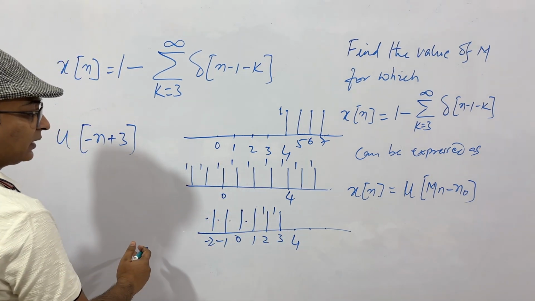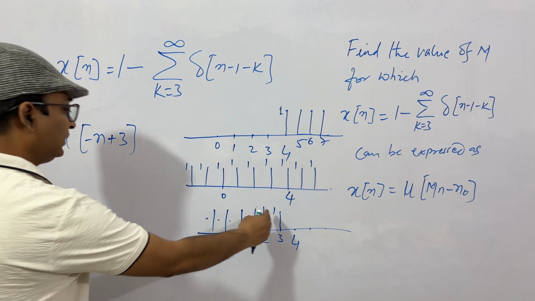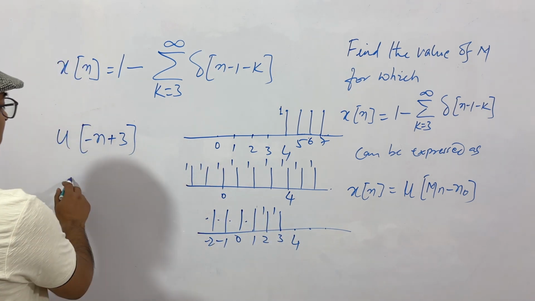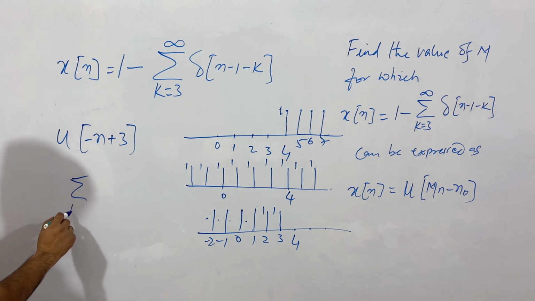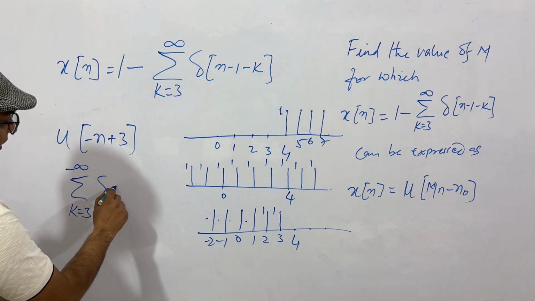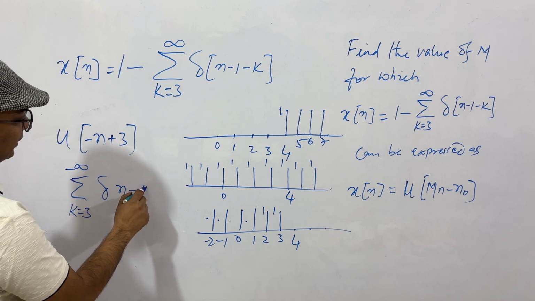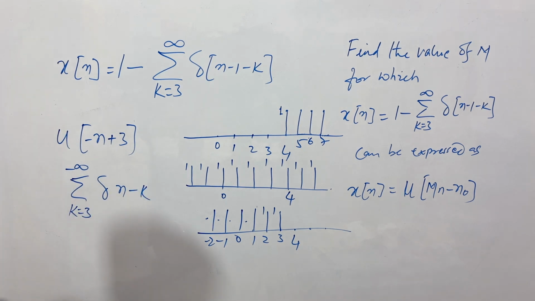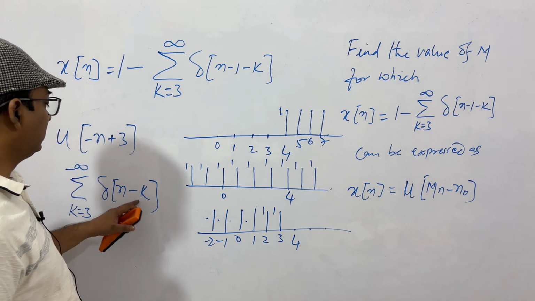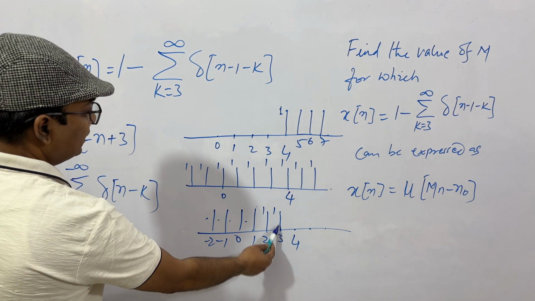So how to express this signal? This is minus n, that is, it is going this side, and plus 3 means from here to minus infinity. That is, this signal is basically from k equal to 3 to minus infinity, we have del n minus k. So when you put 3, it is del n minus 3, this signal.